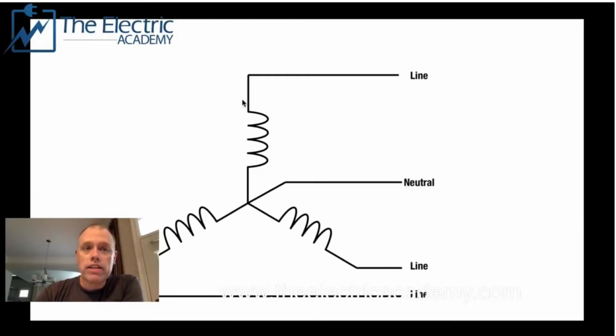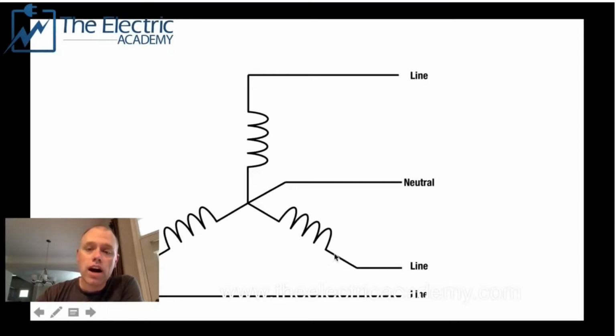We have the nice advantage with the Y system of this neutral. It allows us to have two different voltages, because we can have our line-to-line voltage, just like we have with a center-tapped single-phase system, but then we also have a line-to-neutral voltage. If this were a single-phase system, and this is 120 volts and this is 120 volts, my line-to-line voltage would be 120 volts, right? That's fairly obvious.